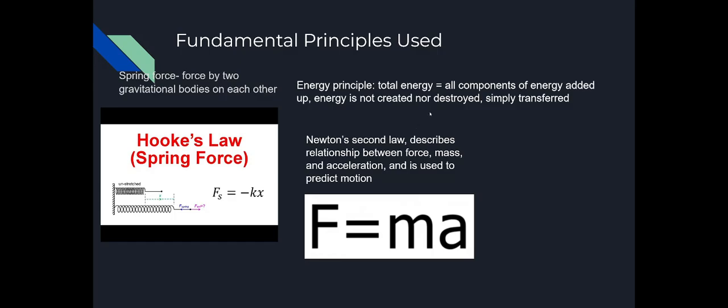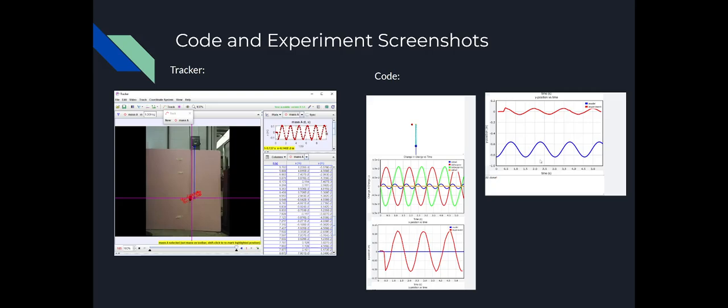It describes the relationship between force, mass, and acceleration, where F is equal to ma. Using the kinematic equations derived from this, you can predict the motion of an object, and you're able to update the position and the velocity of an object, which is what's done in the simulation.